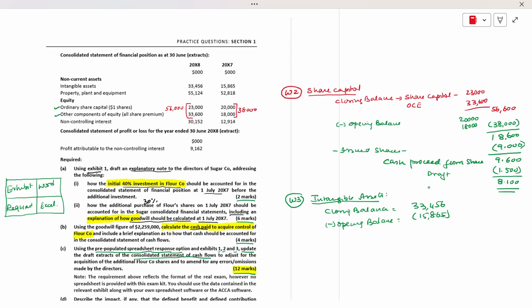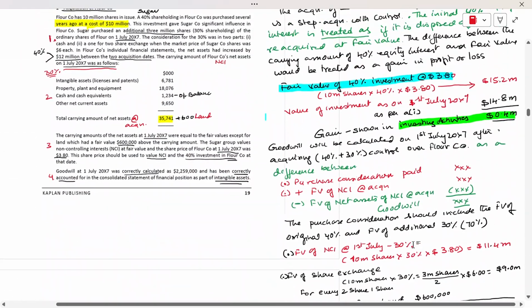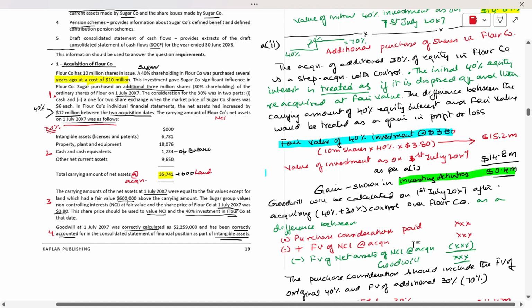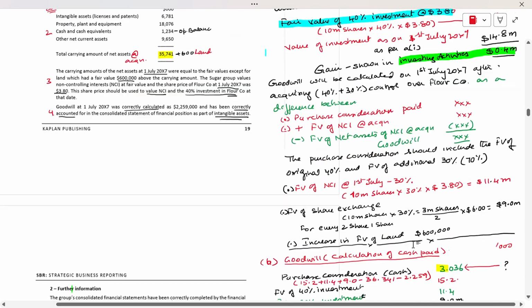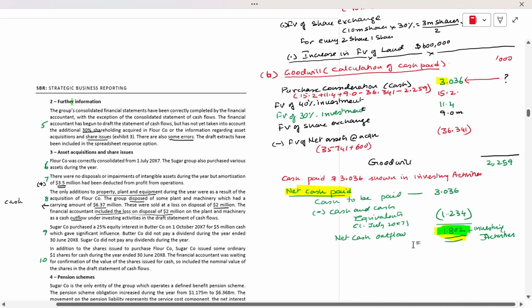Now, anything else we have, just check. There is amortization. It is given. Have you covered this? In point number 7, there are no disposals or impairment of intangible assets during the year.